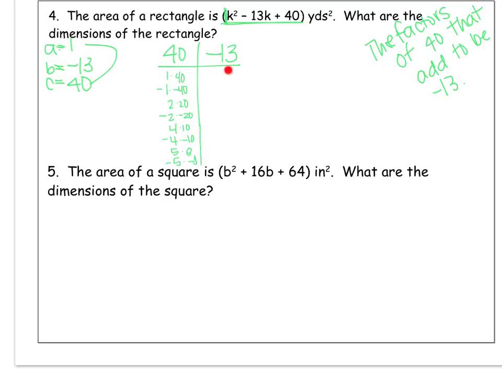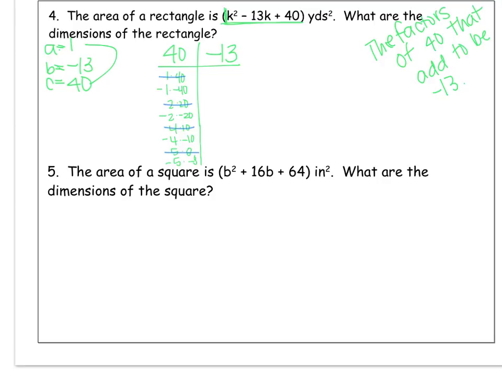If I notice in this one, my B is a negative 13. So if I add two positive numbers together, like 1 plus 40, I'm going to get a positive answer. 2 plus 20 is positive 22, 4 plus 10 is positive 14, and 5 plus 8 is positive 13. So I'm going to rule out all of the positive versions because I know my answer has to be negative.